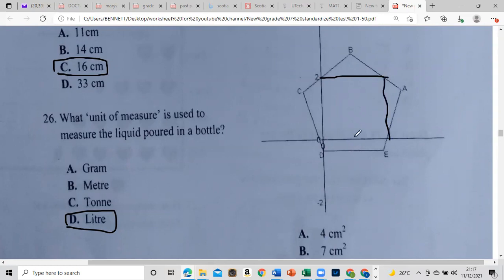So this is my square, and it would be a 2 by 2. So that is 4 square centimeters. So we need to find the area of the piece.